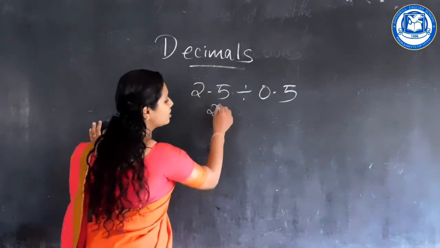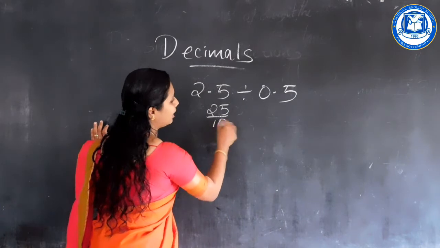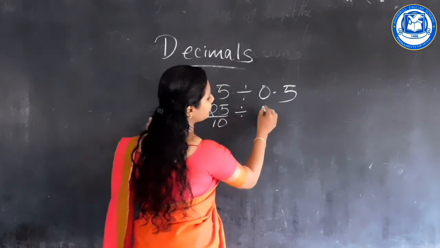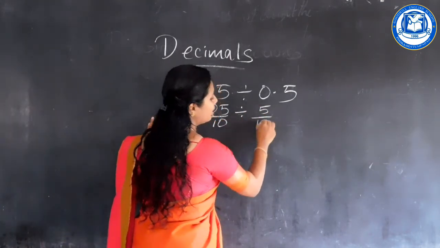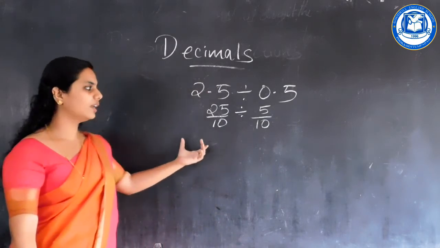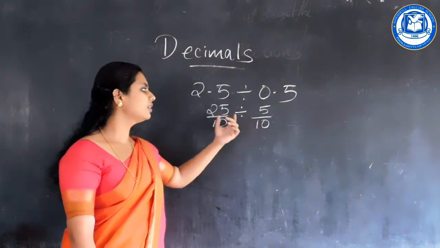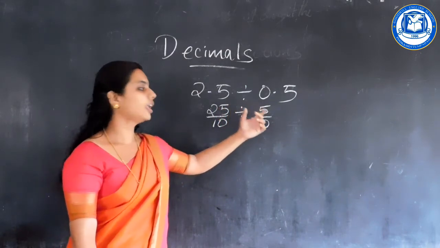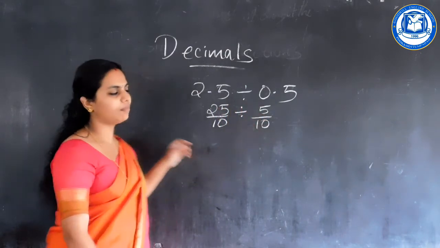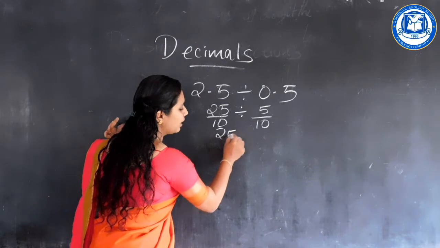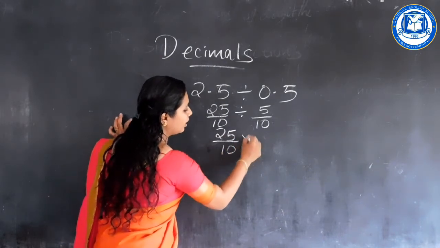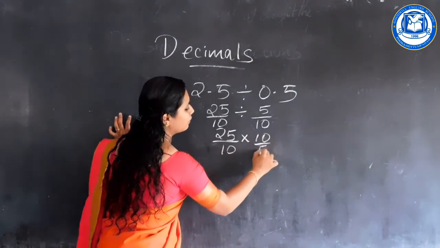So the question will change into 25 by 10 divided by 5 by 10. As we have known earlier, when we are dividing two fractions, we must change this division and take the reciprocal of the second number. So this will become 25 by 10 into 10 by 5.